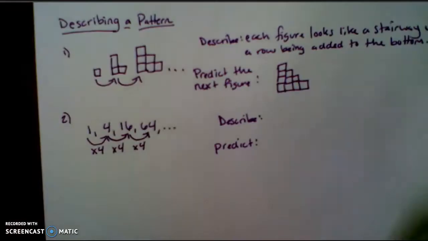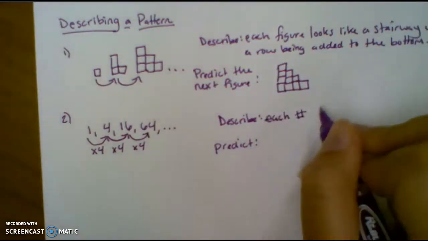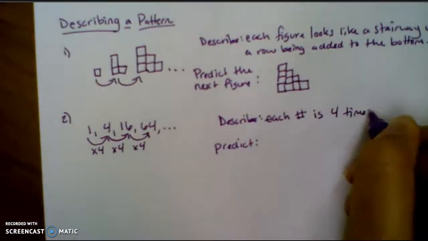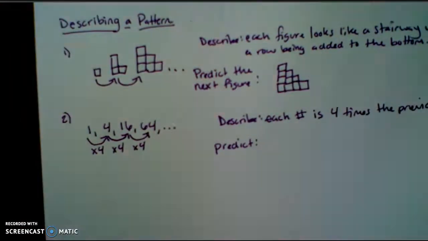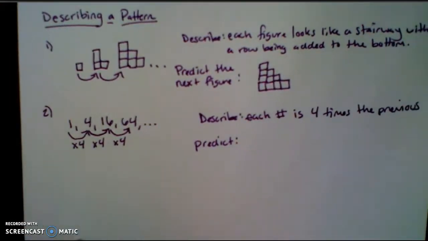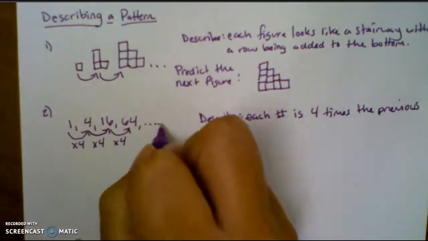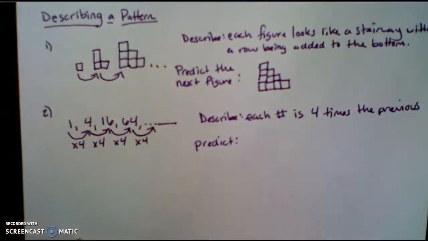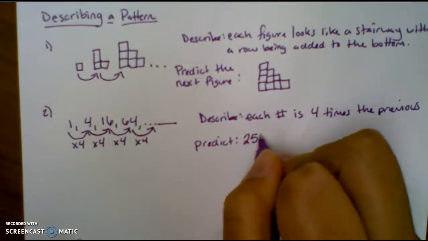So my description would be each number is 4 times the previous. Now I'm going to predict my next term. To get to the next term, I'm going to multiply 64 times 4, which would be 256.